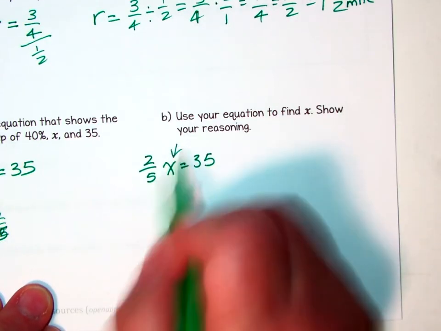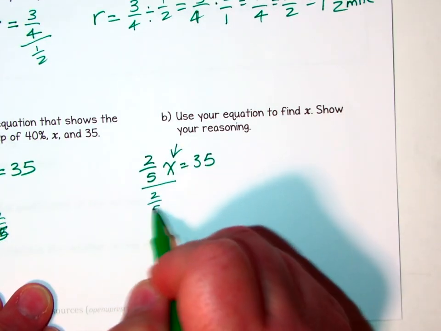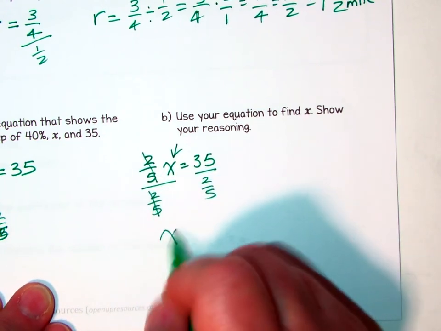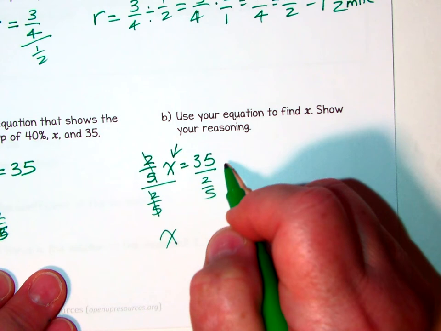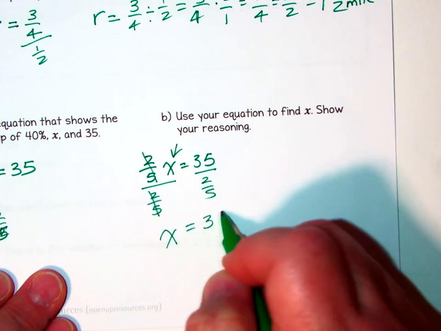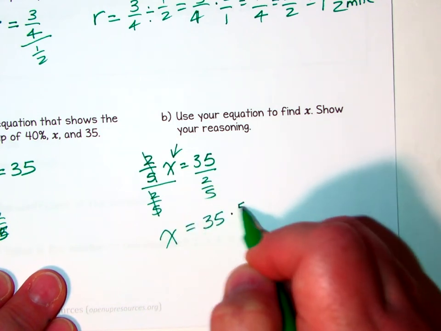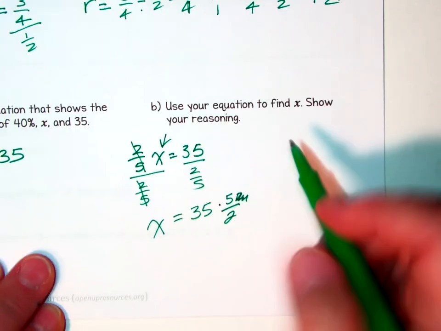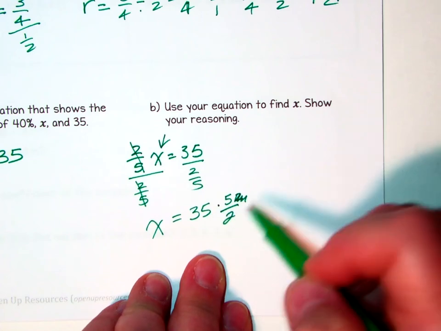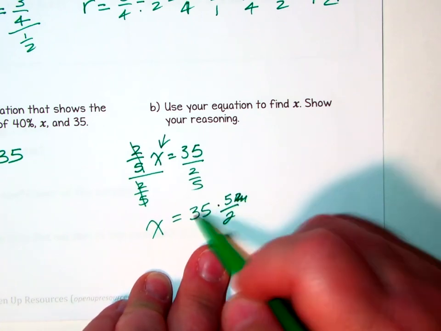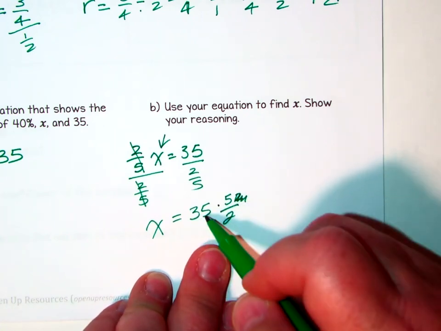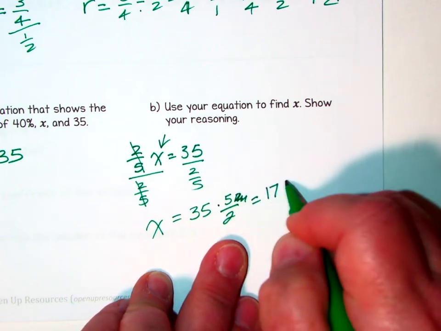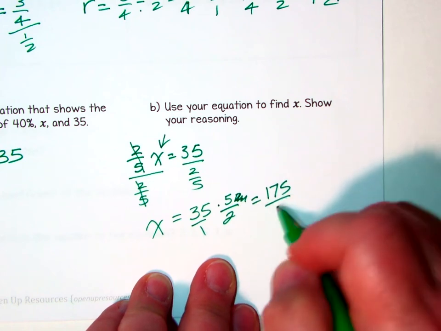To get x all by itself, I need to divide both sides by 2/5. So 2/5 divided by 2/5 is just 1x. 35 divided by 2/5 is the same as 35 times 5 halves. I can't simplify. 5 times 35, 5 times 30 is 150, and 5 times 5 is 25, so that's going to be 175 over 2.